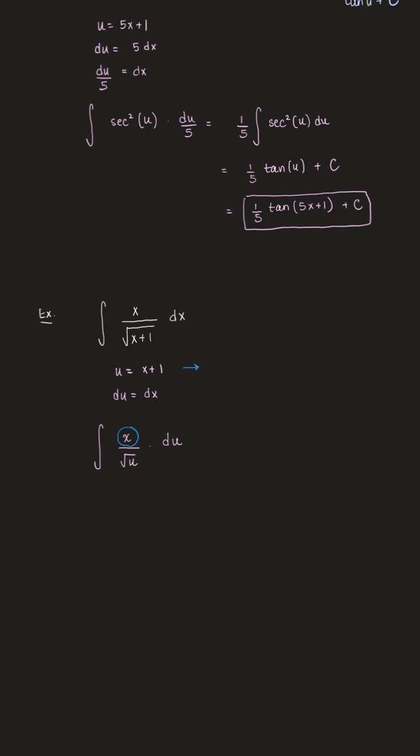And here we can see that we could solve for x in terms of u and write x equals u minus 1. So let's see if that helps us. Now we're going to have the integral of u minus 1 divided by the square root of u du. And while it may not seem like a better situation, it actually is. What we have here is much better than what we started with.